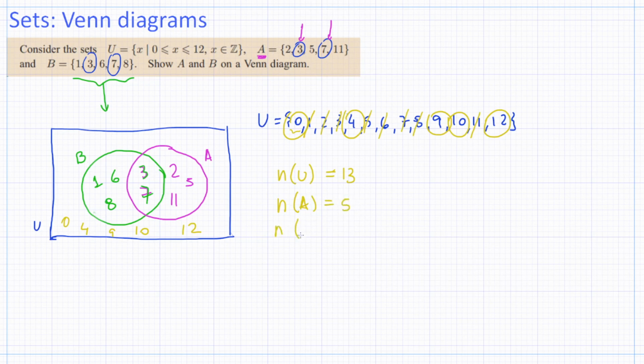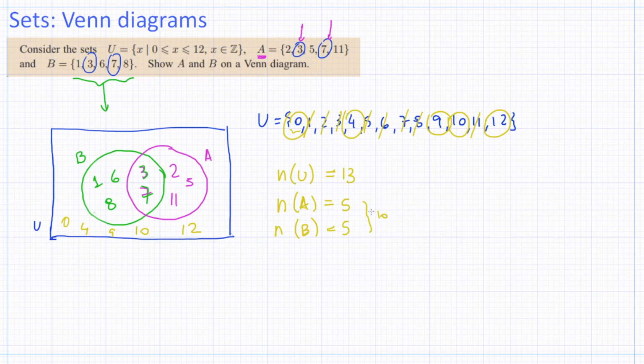What is the number of elements in set B? 5 as well. Now, if you notice, in this case, if we add those up, we would have 10. And we still have 5 elements outside, which could confuse some of you.